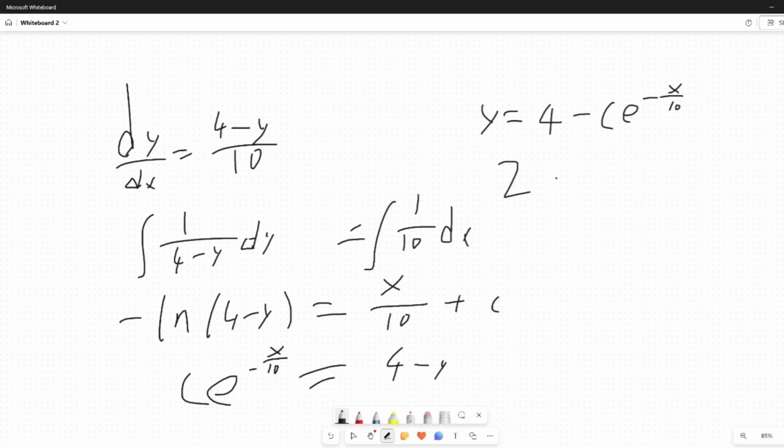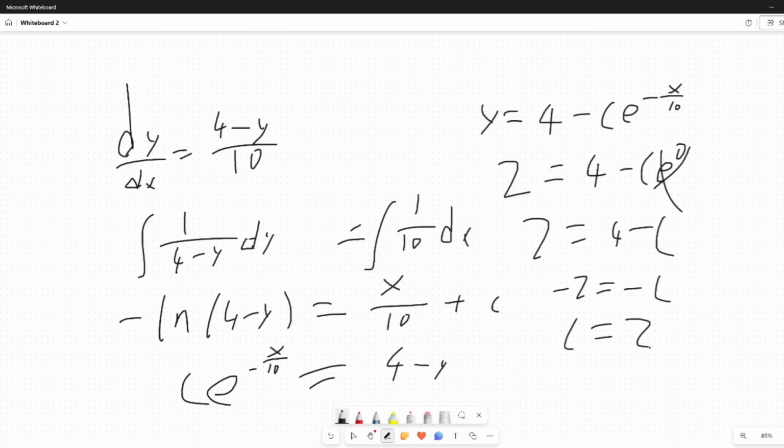So we have 2 equals 4 minus ce to the 0, and since this is 0, e to the 0 becomes 1, so that gets cancelled out. So 2 equals 4 minus c, negative 2 equals negative c, c equals 2, and hence we get our equation 4 minus 2e to the negative x over 10.